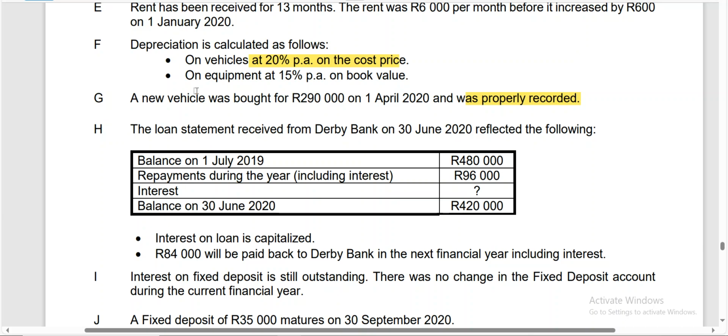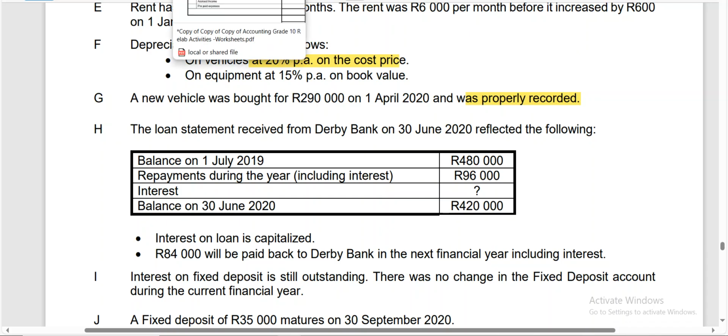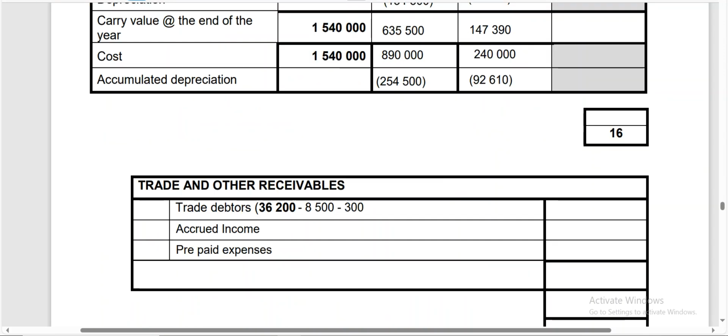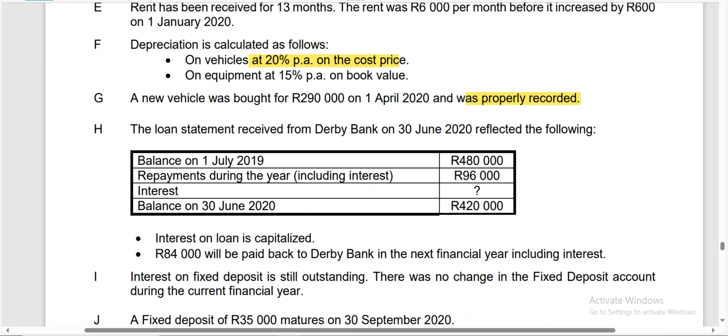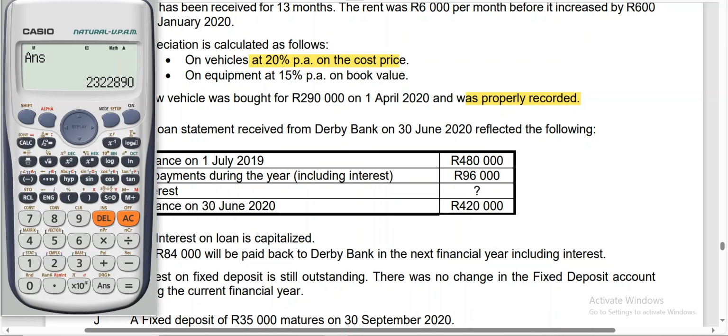Remember, the closing balance is going to be, when you calculate your interest, you're going to say, but please make sure you show your workings somewhere at the bottom of your answer sheet so that your teacher can see how you calculated it. So you're going to say 420,000 plus 96,000, and then we're going to subtract 480,000.